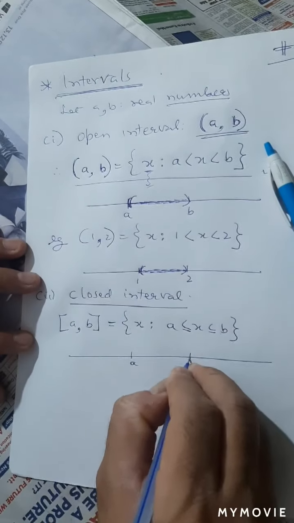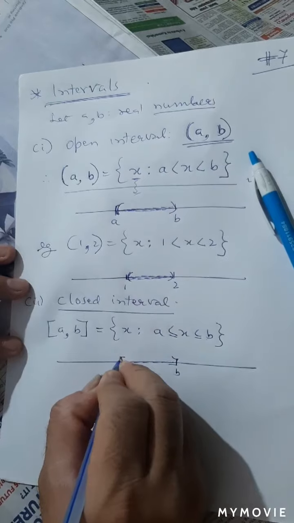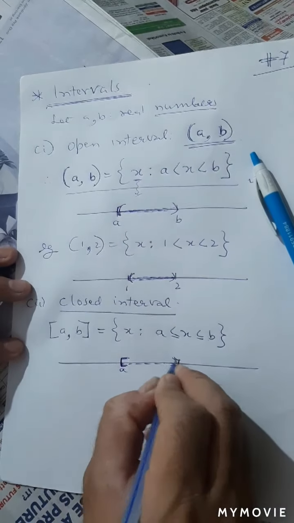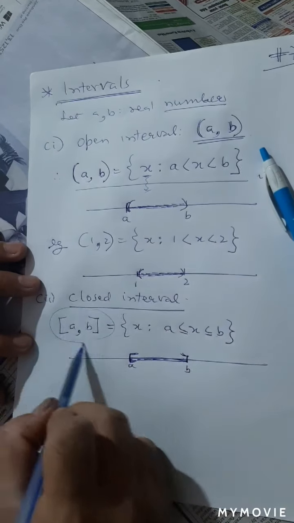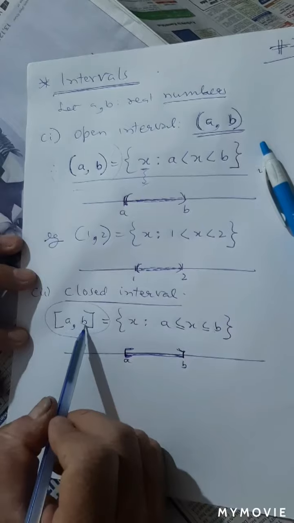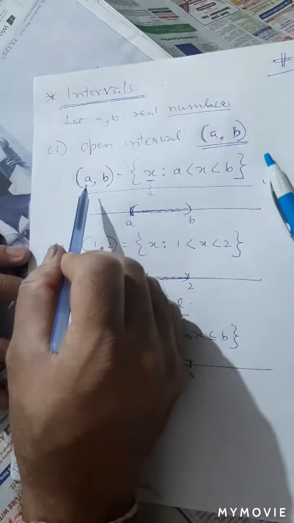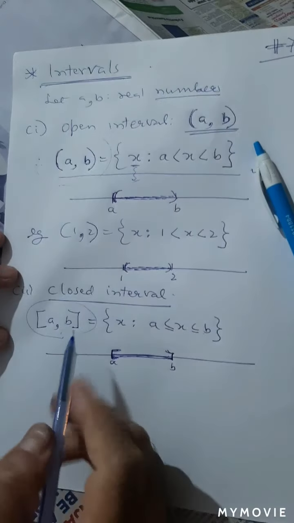So if this is A, this is B, then all numbers between these 2 including A and B. What is the difference between the closed interval and the open interval? The 2 endpoints are extra. A and B are excluded in the open interval, and A and B are included in the closed interval.